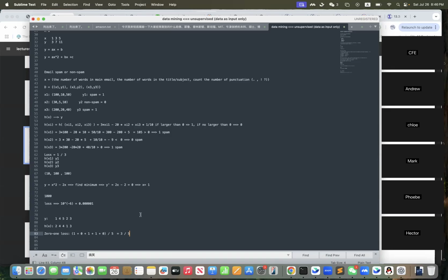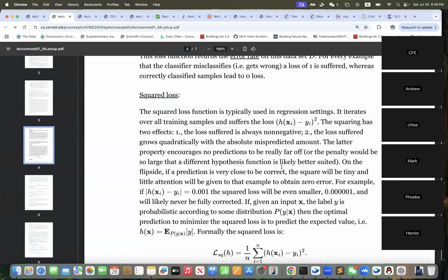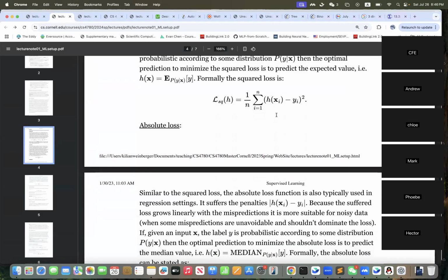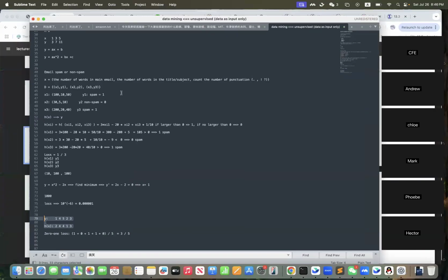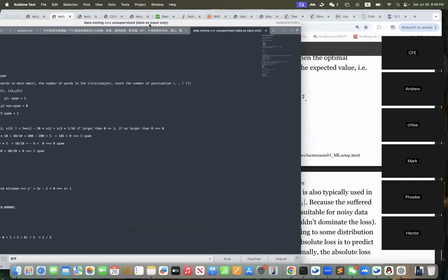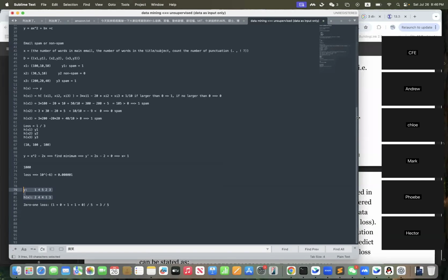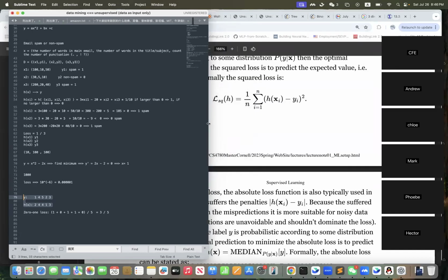Okay, now let's use the same example and calculate the square loss. To make your life easy, let me put the square loss function here, and let's put them side by side. So this is square loss.